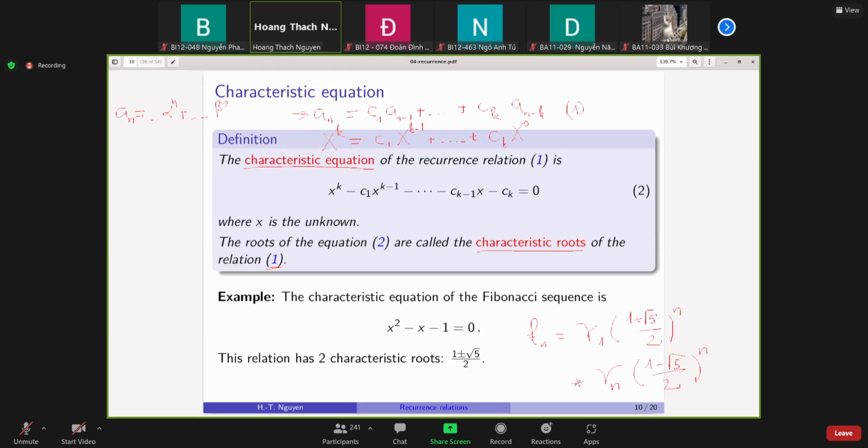This is a curious formula, because the Fibonacci sequence has integer coefficients and the initial values are also integers, so all the terms of the Fibonacci sequence are integers. But you can see that in this general formula, the roots are not integers.